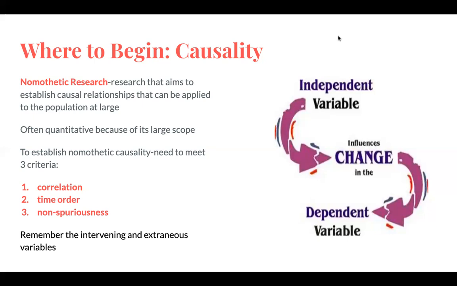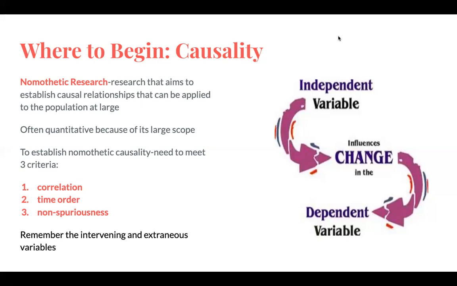And then the final one is non-spuriousness. If you can recall, and I'm sure some of you don't want to, intervening and extraneous variables are those other variables outside of the independent variable and the dependent variable that can influence the independent variable, the dependent variable, or the relationship between the two.